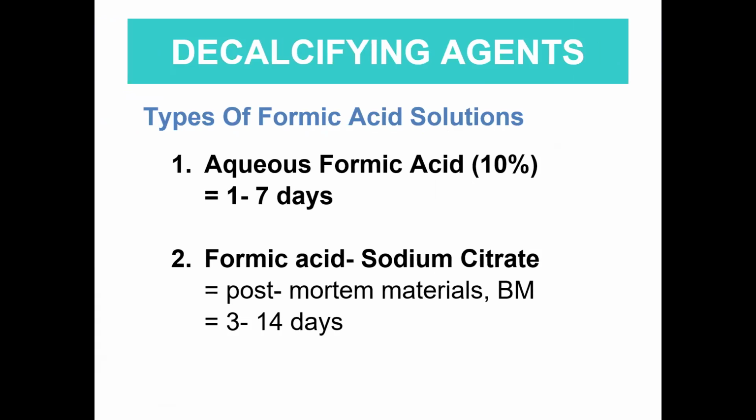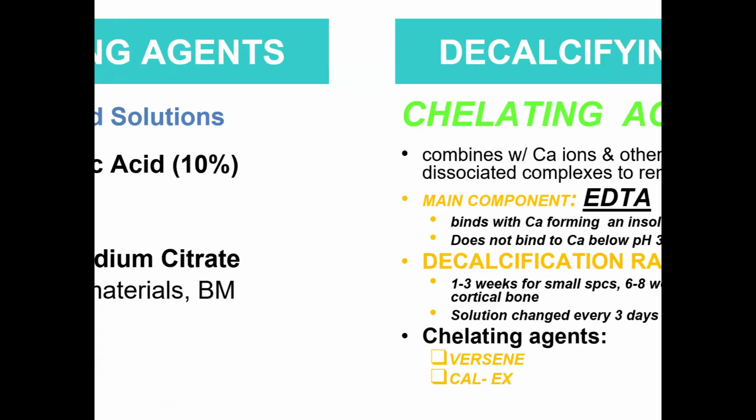You have two types: 10% aqueous formic acid with 1 to 7 days decalcification time, and formic acid sodium citrate, also for post-mortem materials, for bone marrow, with a decalcification time of 3 to 14 days.